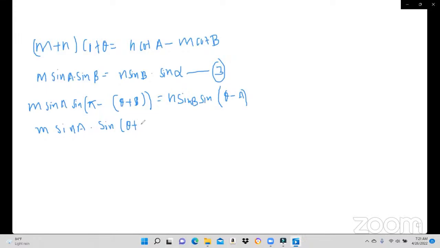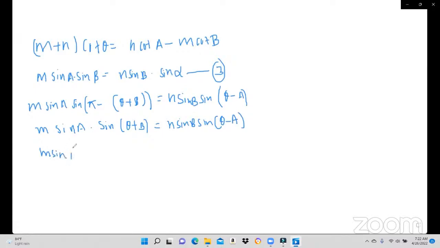Sine pi minus theta plus b means it is just sine theta plus b. And here n sine b sine theta minus a. Now what we have to do, we have to substitute for these two equations.